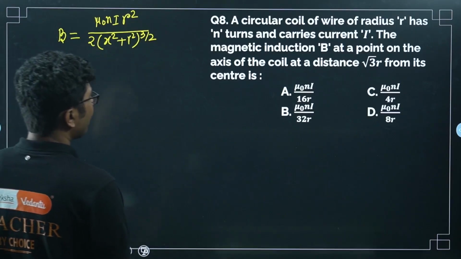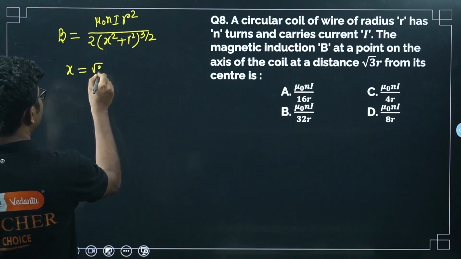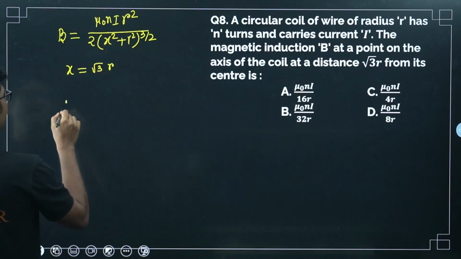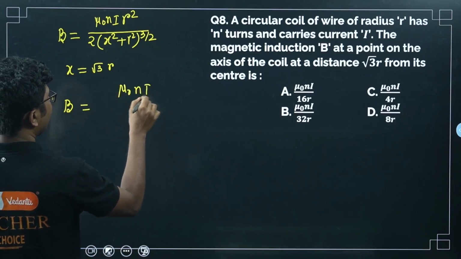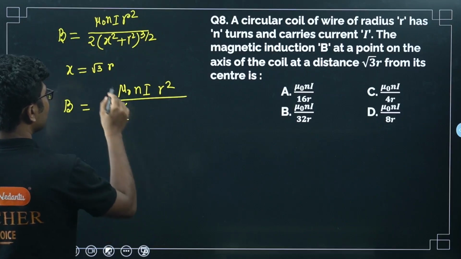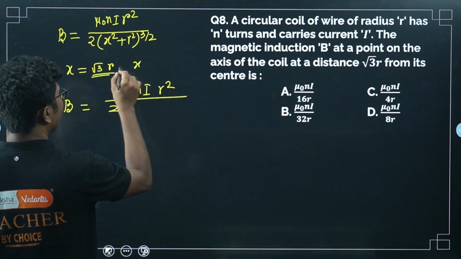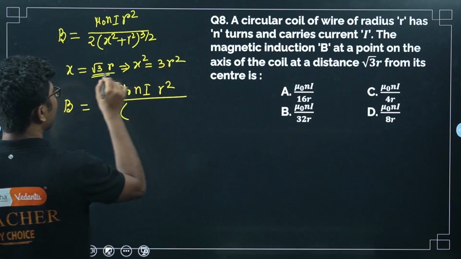Now they have asked you to find the magnetic field when x equals √3 r, right? So B equals mu naught N i r square divided by 2 times. So what is x square? X square will be 3r square, right? It was √3r.